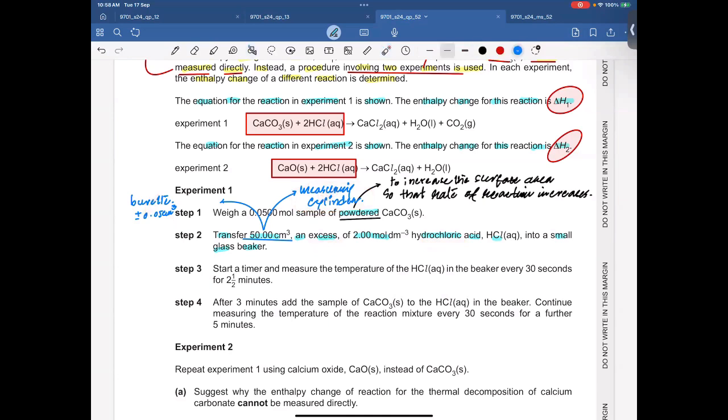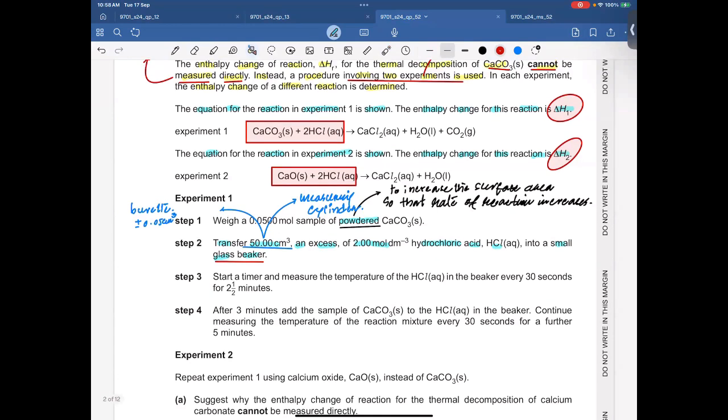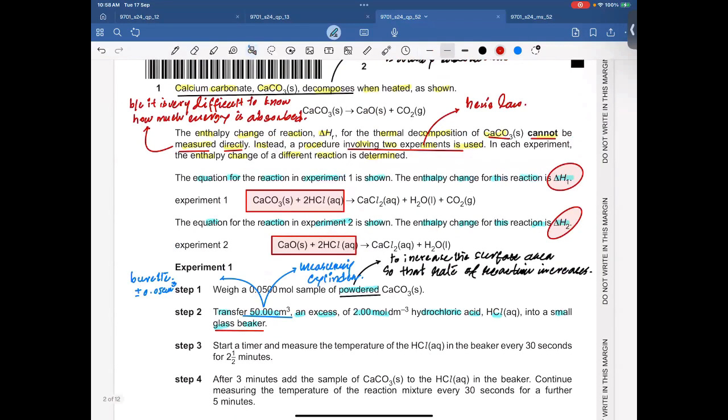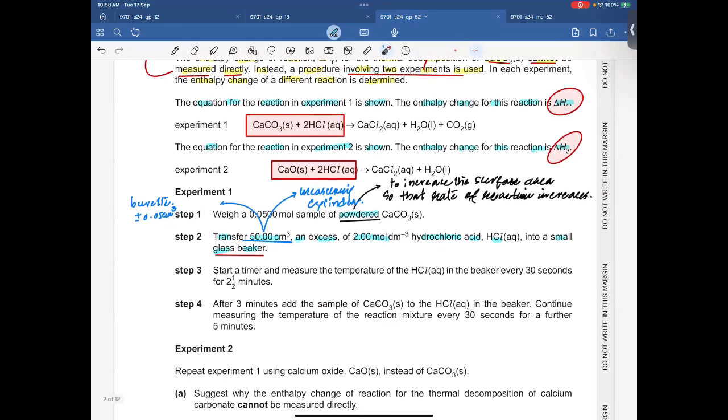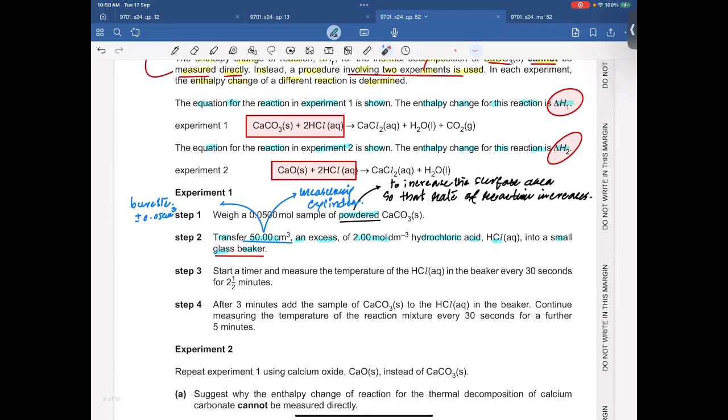Another very important piece of information: we are placing this amount of HCl into the glass beaker, right? I need to find out the enthalpy change of reaction for this equation, and for that I'm going to use the calorimeter experiment. In a calorimeter, I will not use a glass beaker. Instead, I will use a polystyrene cup, in order to prevent heat loss. So this might be the source of error.